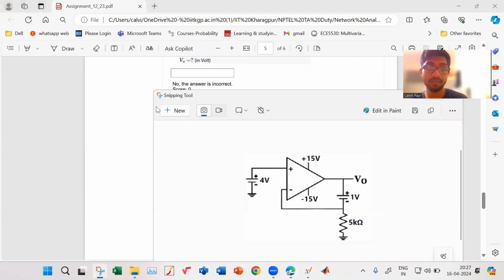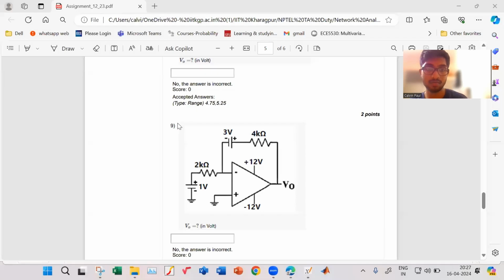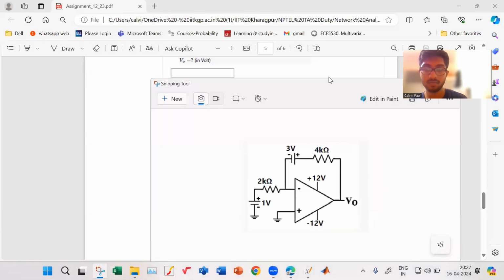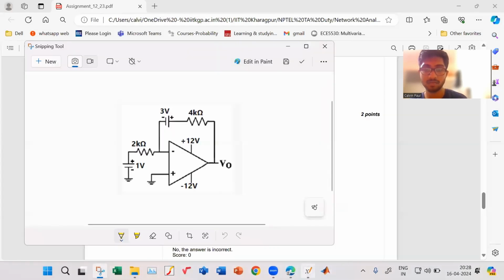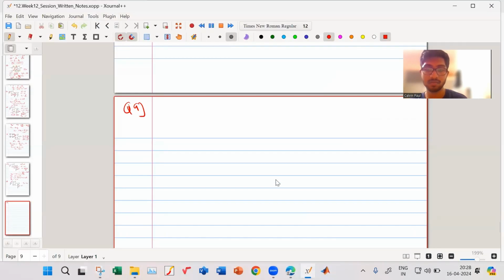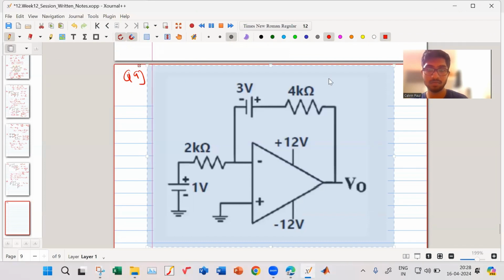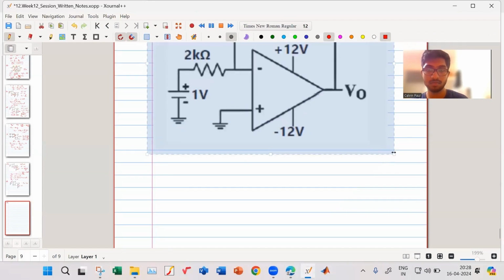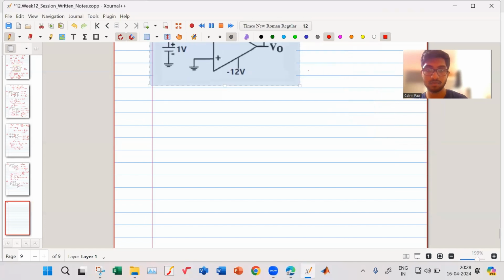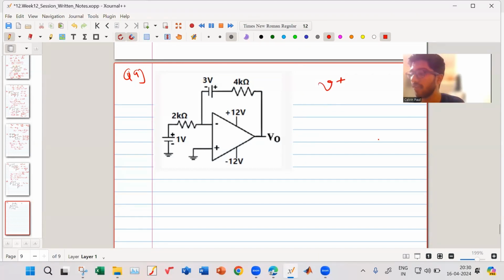So question 9. We have V plus is 0 volt.